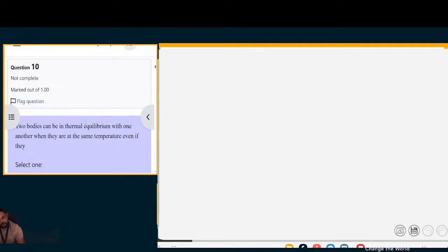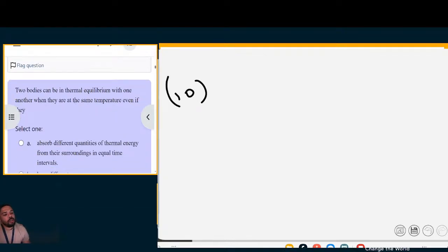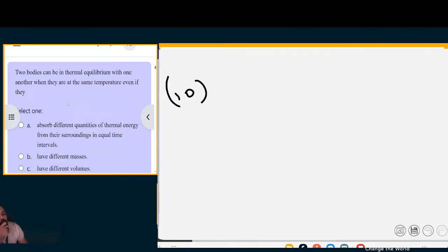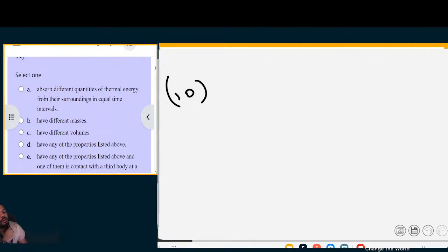Question number 10. Two bodies can be in thermal equilibrium with one another when they are at the same temperature, even if they, number one, absorb different quantities of thermal energy from their surroundings in equal time intervals.